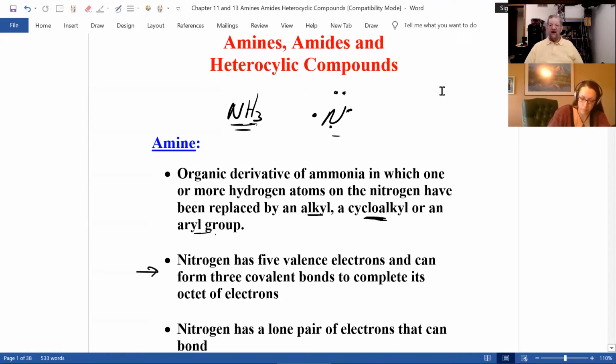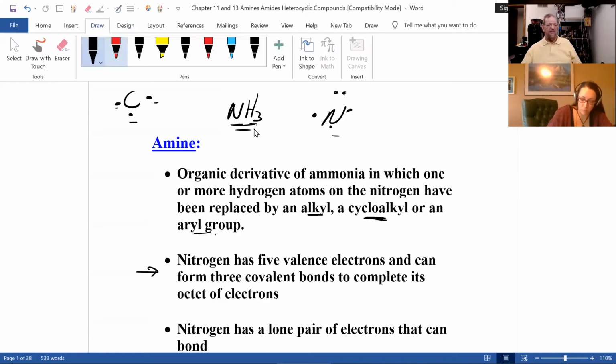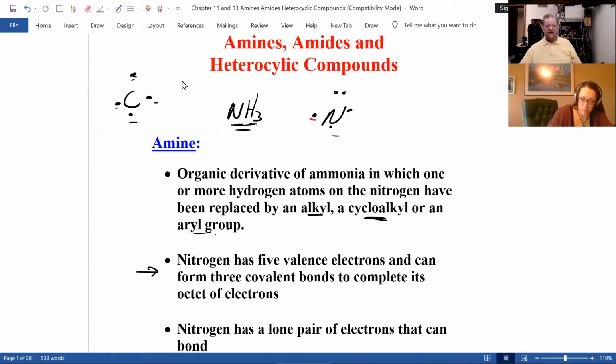So normally nitrogen has 3 bonds to it, like you see in ammonia. However, unlike carbon, which has 4 valence electrons and needs 4 bonds, nitrogen normally has 3. So it needs 3 more bonds, valence electrons.